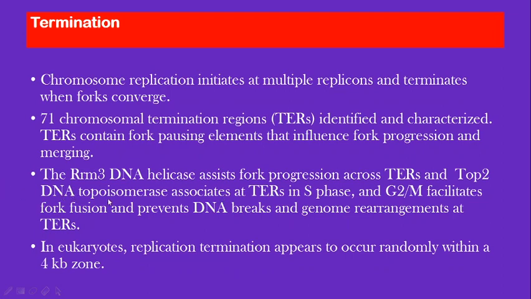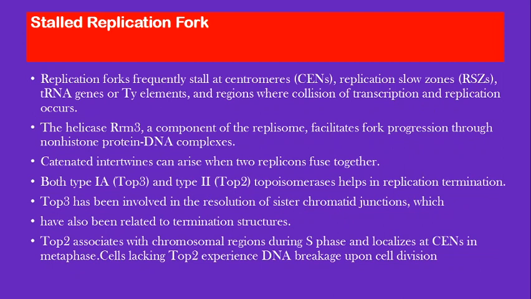Topoisomerase 2 associates at the TERs in the S phase and G2, facilitates fork fusion and prevents DNA breaks and genome rearrangements at the TER sites. In eukaryotes, replication termination appears to occur randomly within a 4 kilobase zone.